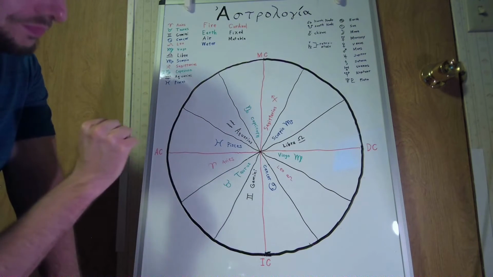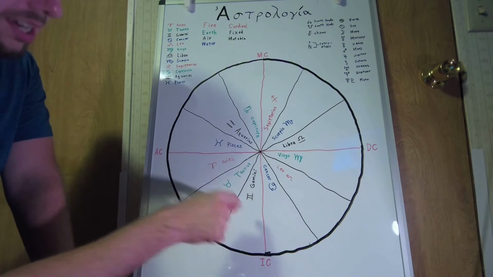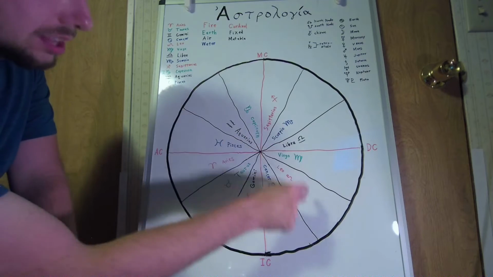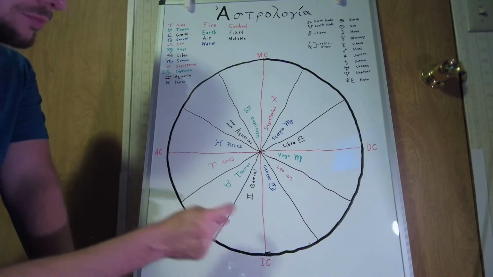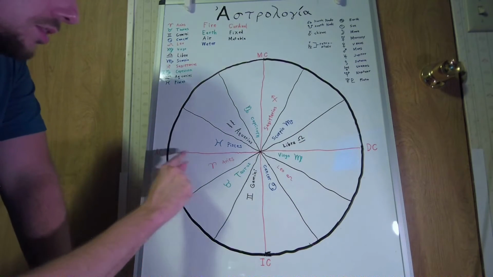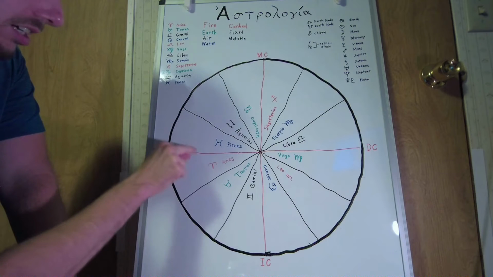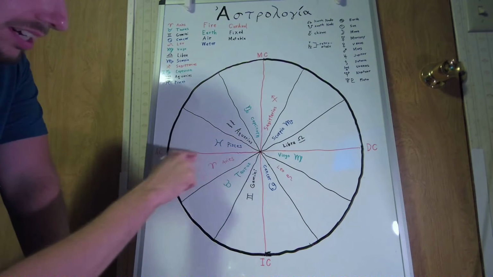So that means Aries is cardinal, Taurus is fixed, Gemini is mutable, Cancer is cardinal, Leo is fixed, and Virgo is mutable, and on around. Notice I always start right here at the beginning of Aries. It always starts at the beginning of Aries.